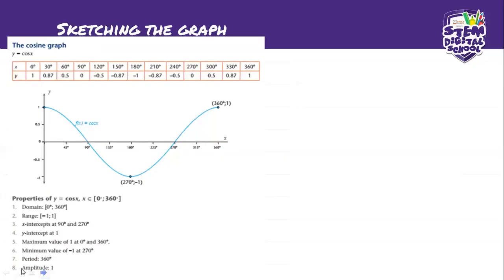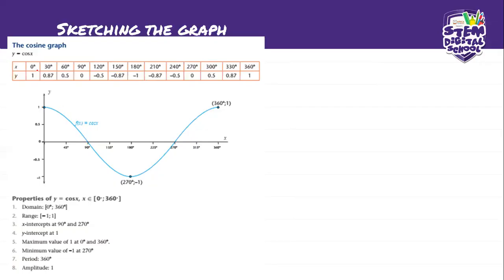Now, the same applies to this graph. When you have to plot it, you will be given the x values all the time, which we call the independent values, right? You don't have to calculate the x values. Your work is to take your calculator and get the corresponding y values.